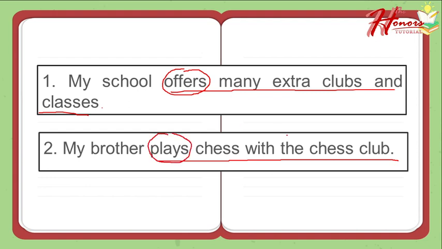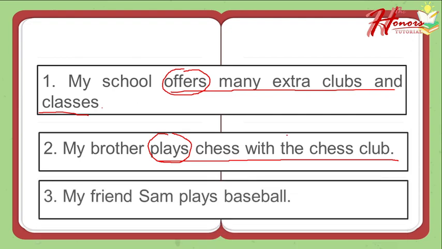Plays. Last one. Number 3. My friend Sam plays baseball. Where do you think is the complete predicate? Very good. Plays baseball. And where is the simple predicate? Good job. That is, again, just like in number 2, the verb plays.